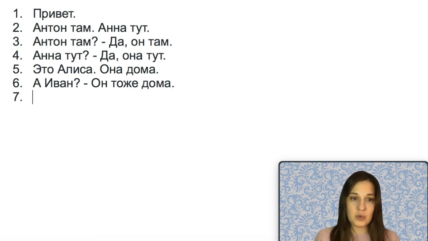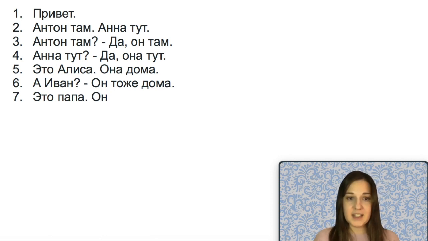Он тоже дома. This is Dad. This is это Dad. Папа. Это папа. He's here. He. Он is here. Тут. Он тут.